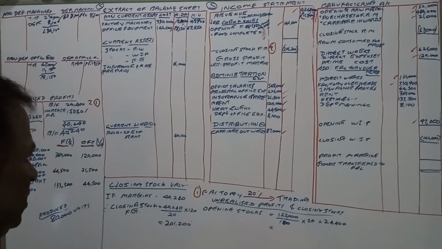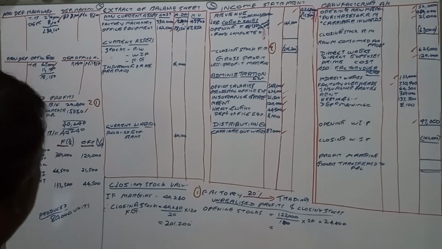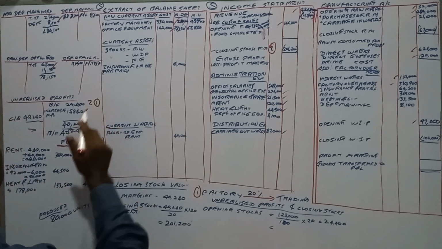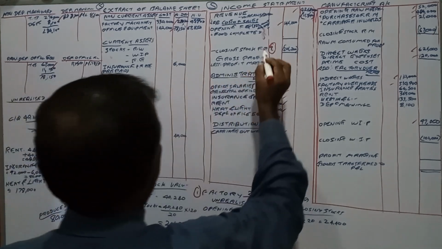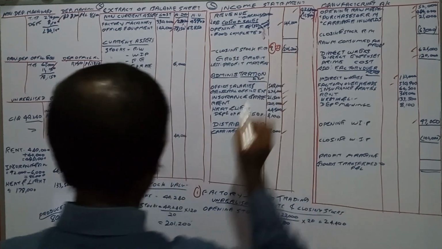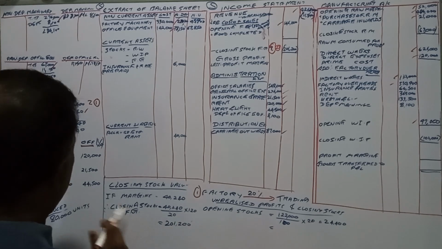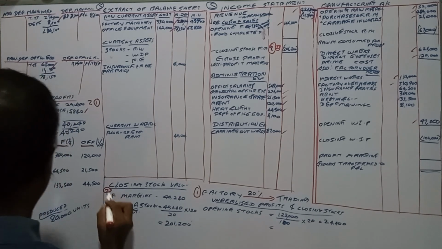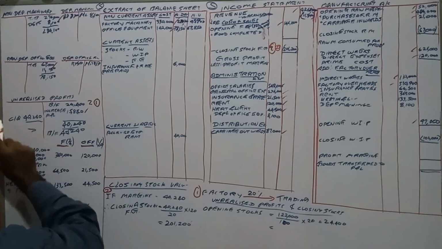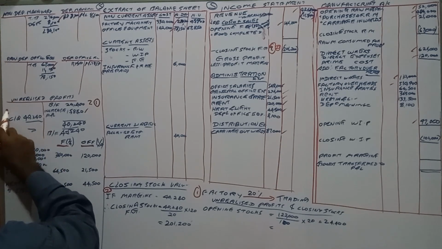Number two is closing stocks. We have calculated the calculation for number two. Number three is the carrying value.